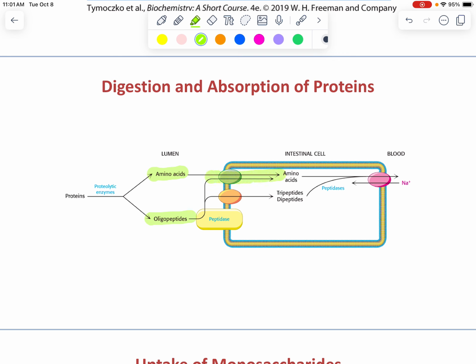The larger pieces need to be further acted on, and they get broken down into either amino acids or di- or tripeptides and get ported into, and this is an intestinal cell. So we import them into those cells. And then once these things are broken down into amino acids, we have an antiport mechanism that moves them out into the bloodstream so that they can be carried to various places in the body.